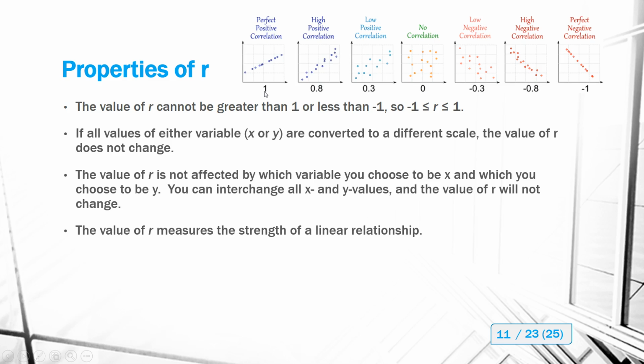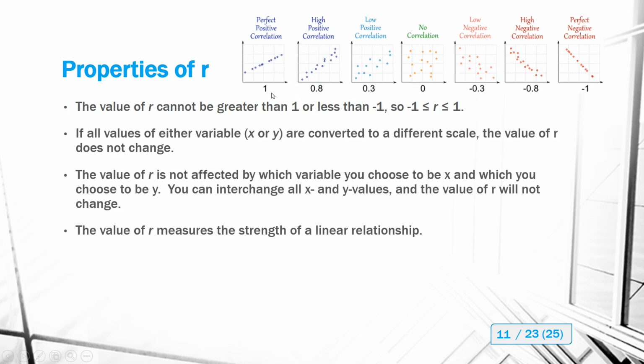If r is 1, on one extreme of our range, we have perfect positive correlation. Likewise, on the other extreme, -1 represents perfect negative correlation. If r is negative, that means we have negative correlation, so the slope of our line of best fit is going to be negative. Likewise, if r is positive, we have a positive line of best fit, positive correlation.